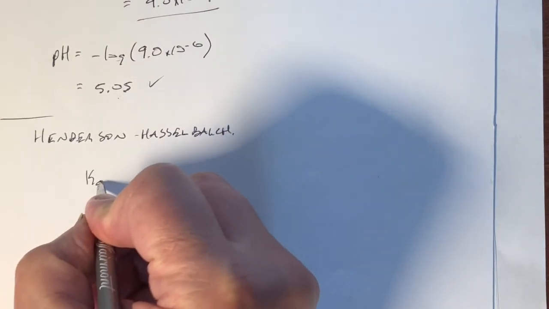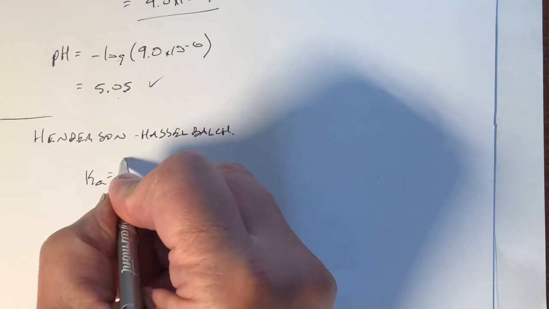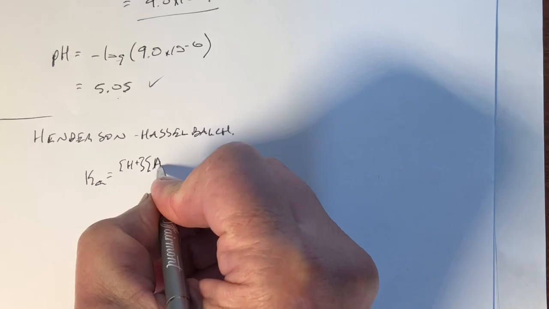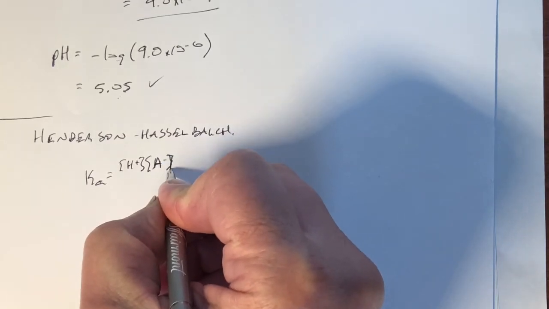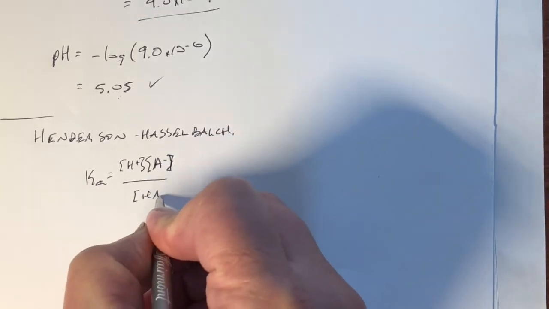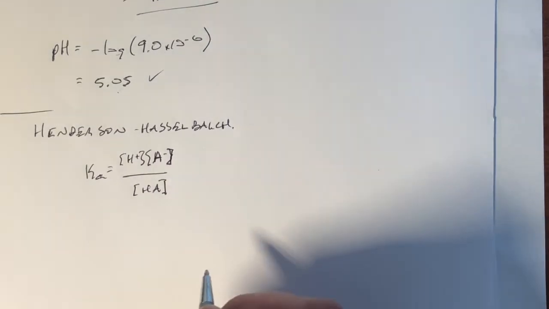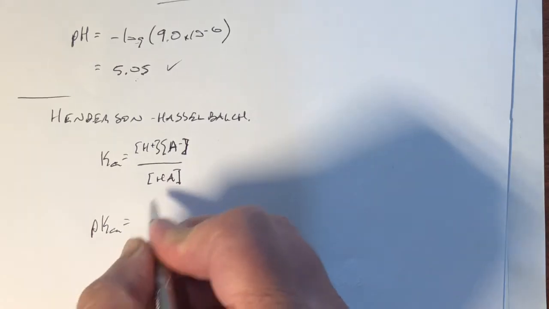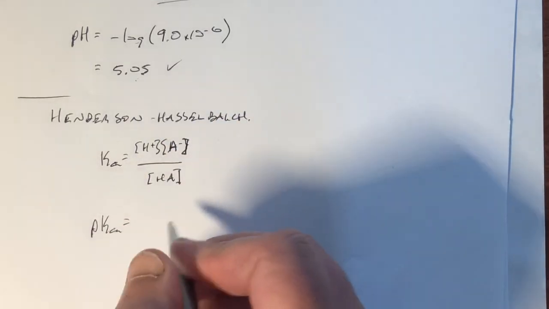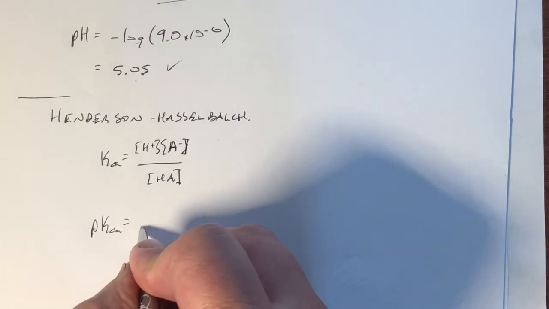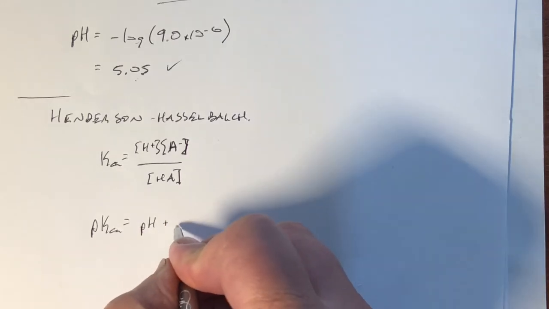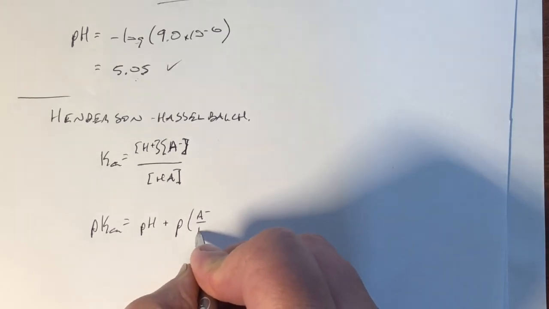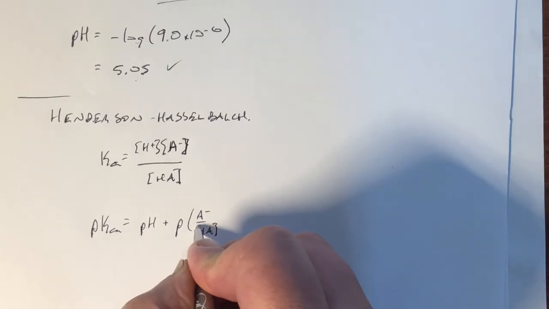So we start with Ka equals concentration H plus times concentration A minus over concentration HA. And then we take the p function of both sides. And so we say the pKa equals the p function of this whole thing. And with log math, that means we can break things up a little bit. So this would be the pH plus the p of A minus over HA. Those are concentrations.